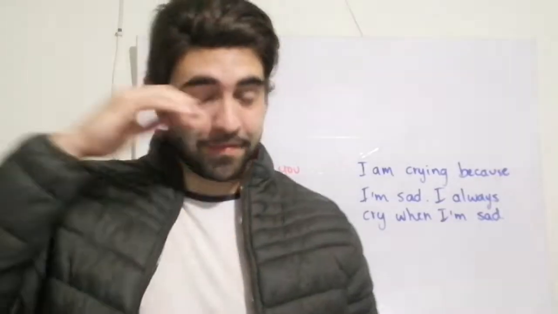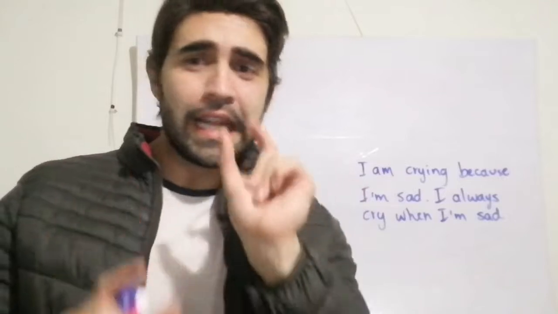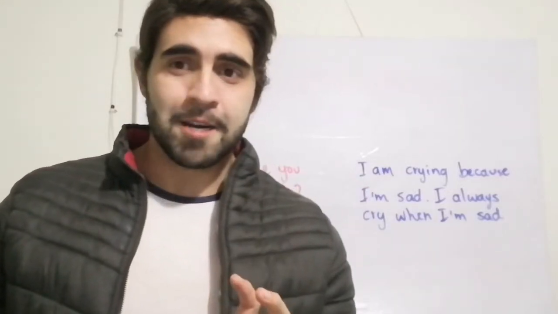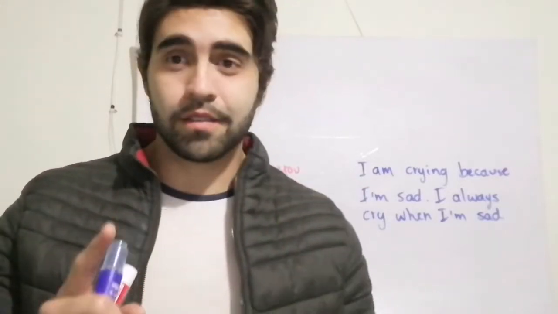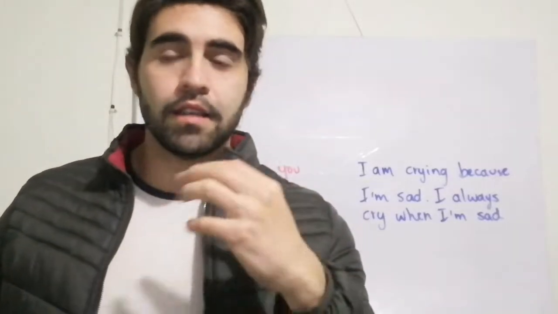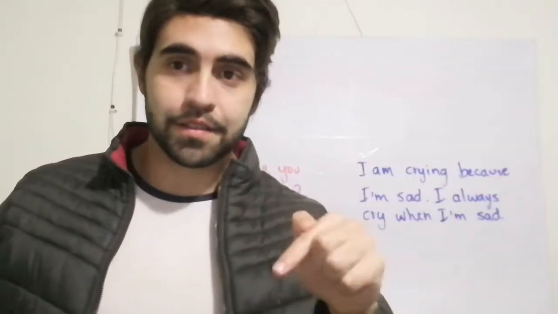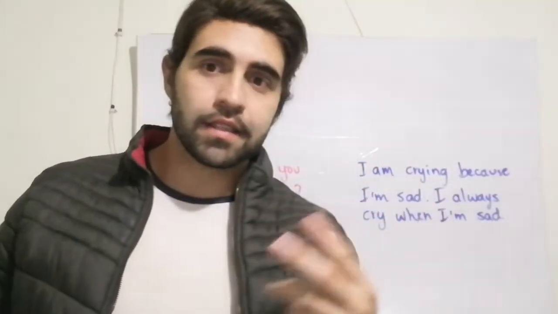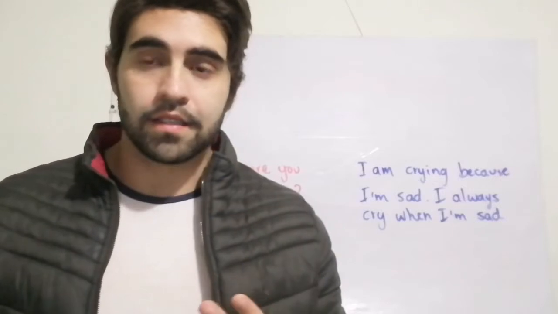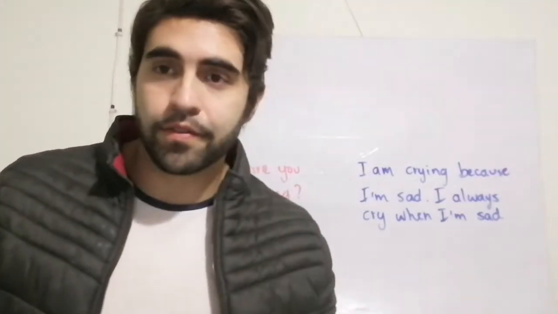Okay, enough of that. Now pay attention because we have this little conversation, but very important because it has two types of sentences. The first type of sentence is present continuous, actions that are in progress in this moment. And the second sentence is usual activities, habitual activities, things that we do with certain frequency.